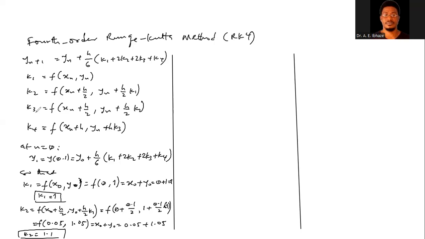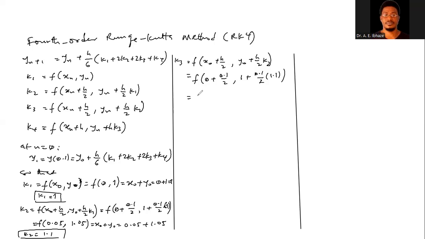So the next thing now is to evaluate k3, which is the same as f into bracket (s0 plus h over 2, y0 plus h over 2 k2). So this is going to give us f of (0 plus 0.1 over 2, 1 plus 0.1 over 2 times k2, which is 1.1). Okay.